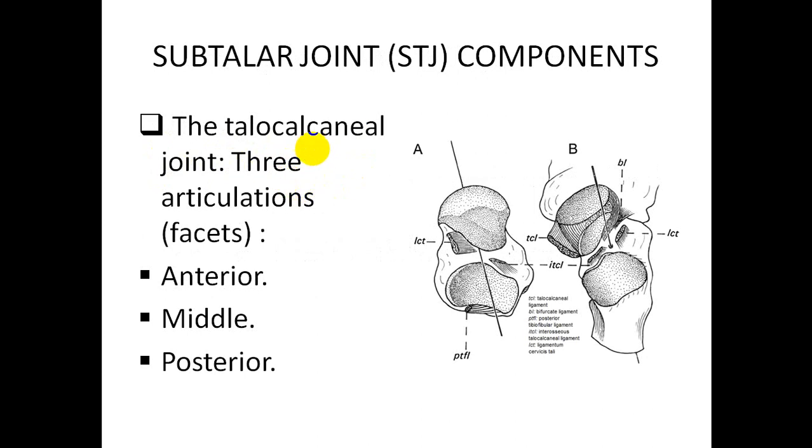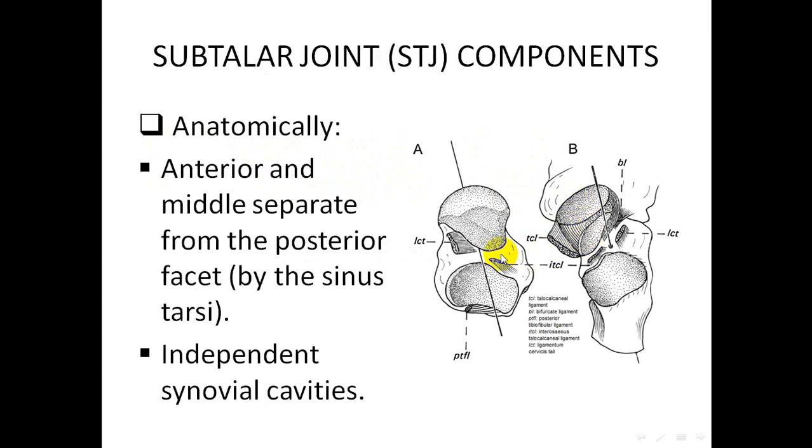The talocalcaneal or subtalar joint is composed of three articular surfaces: anterior, middle, and posterior facets. Anatomically, the anterior and middle facets are separated from the posterior facet by the sinus tarsi, and both have independent synovial cavities.